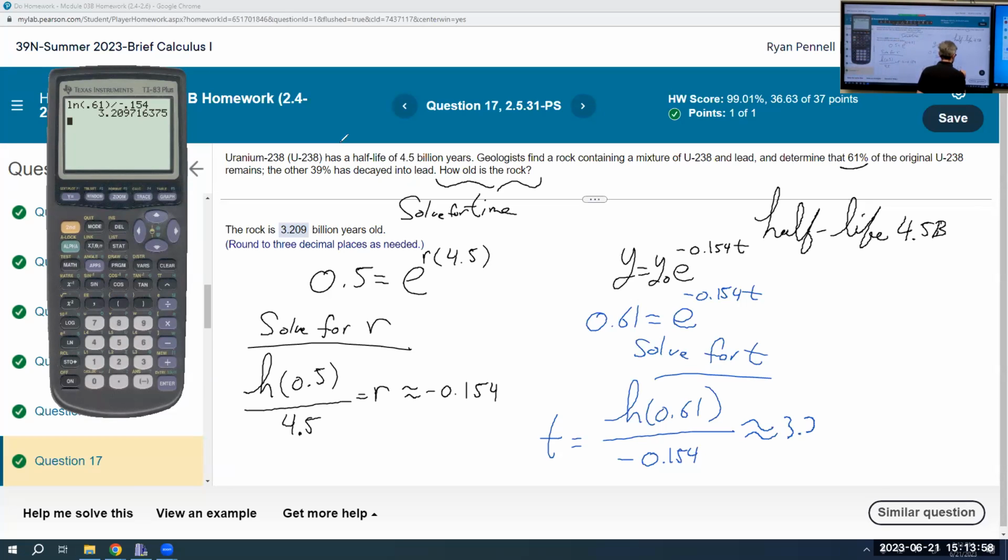That's 3.21. And that's not years, that's billions of years. That's what it said. So I started off with billions of years. Questions on that one?